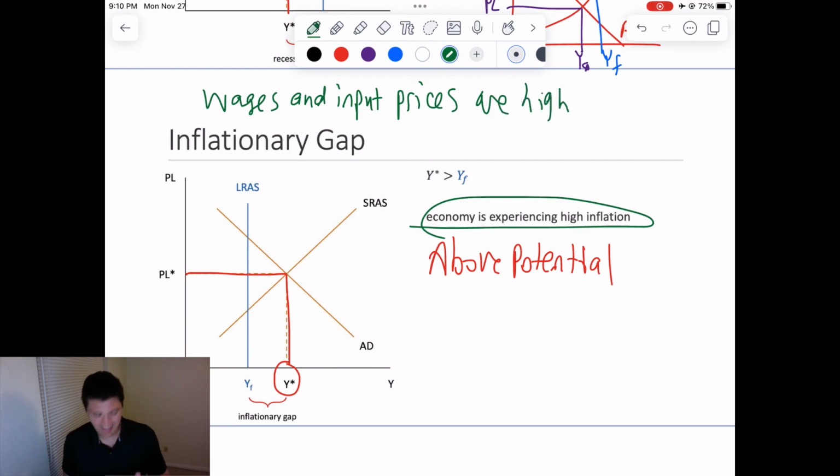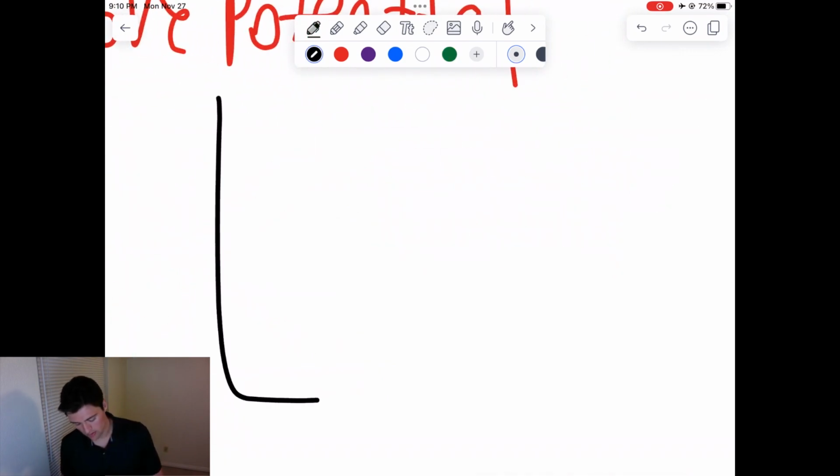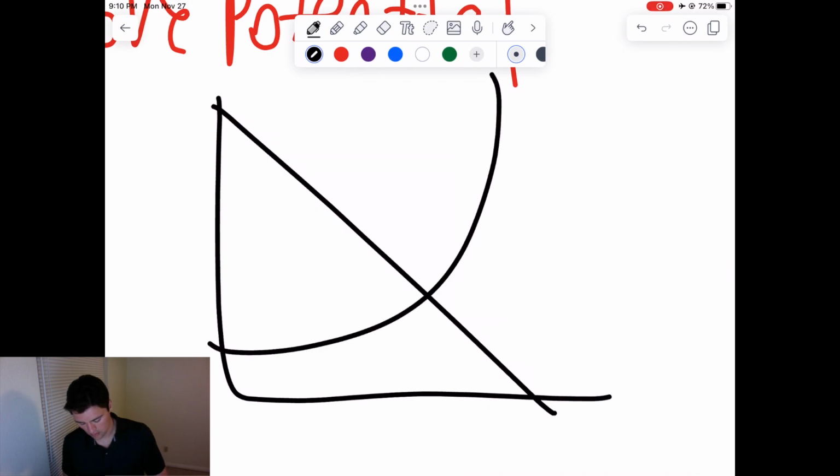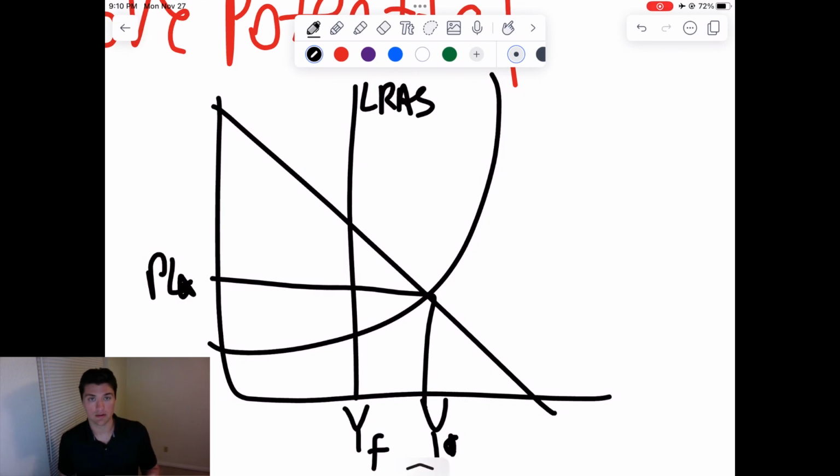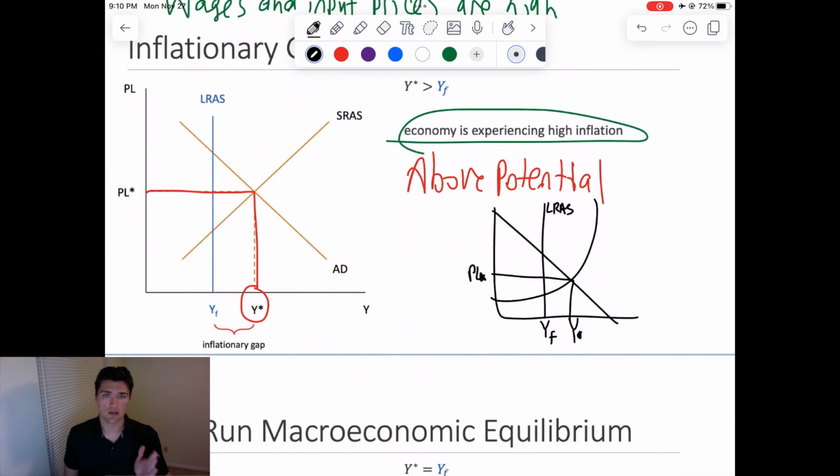So that is the inflationary gap, where you will have your aggregate demand, short run aggregate supply curve. This is your current output. So then you will do the long run right here. So this would show you you're in the inflationary gap, meaning your output is to the right.